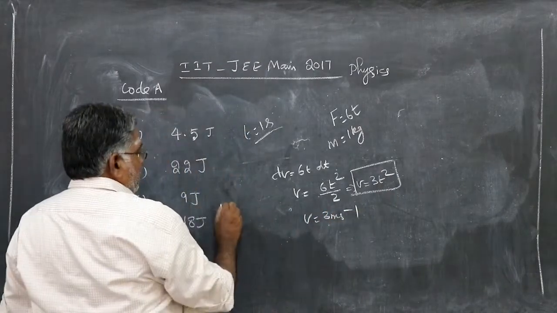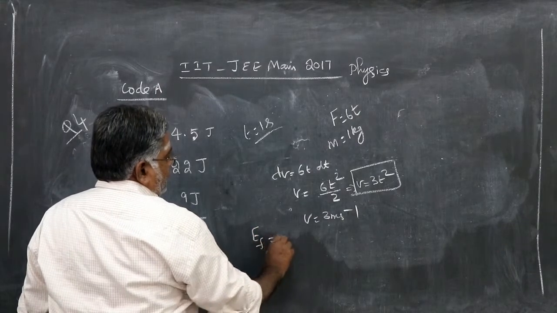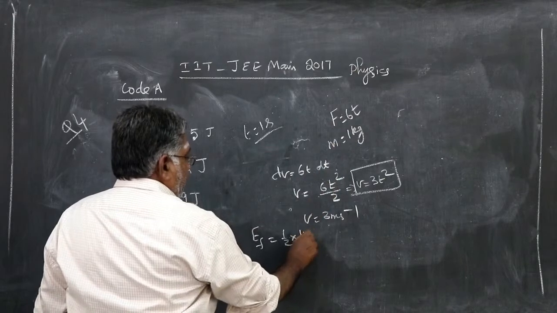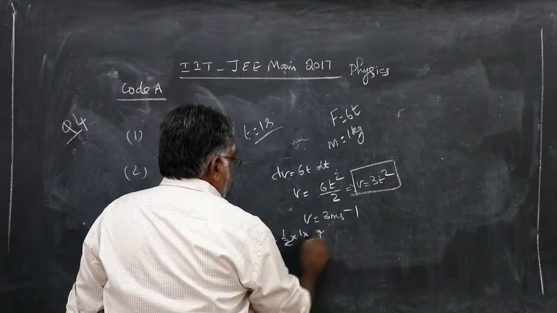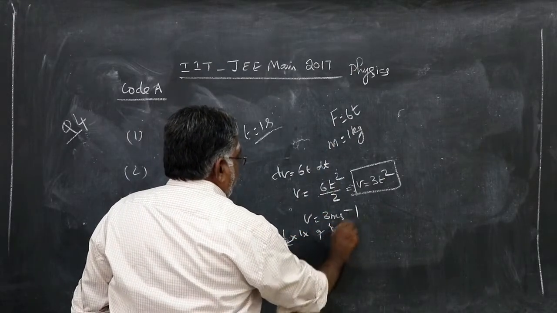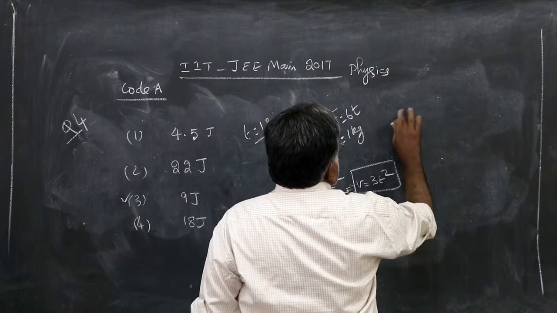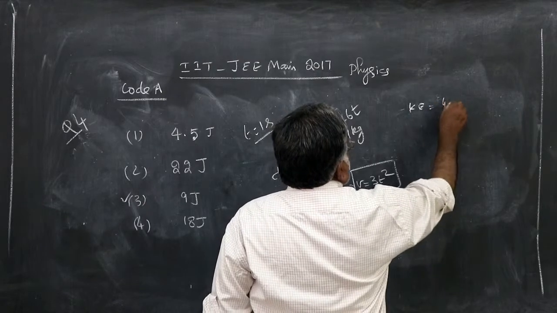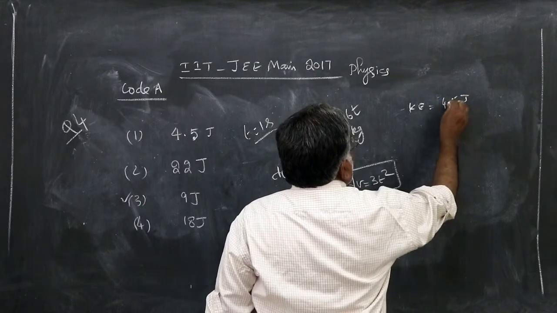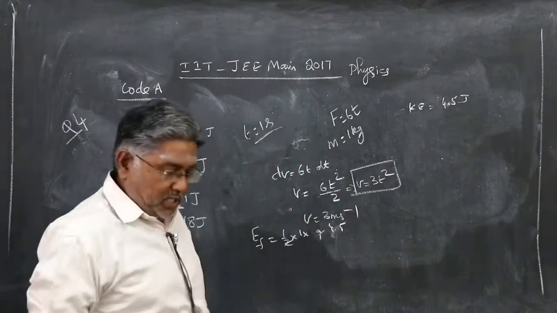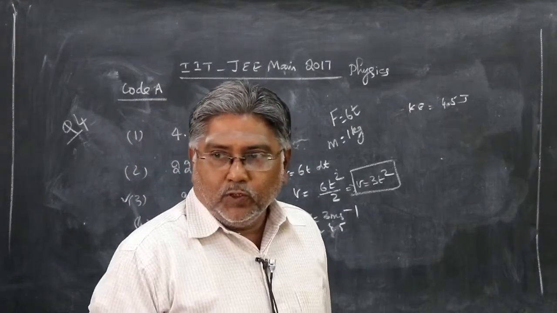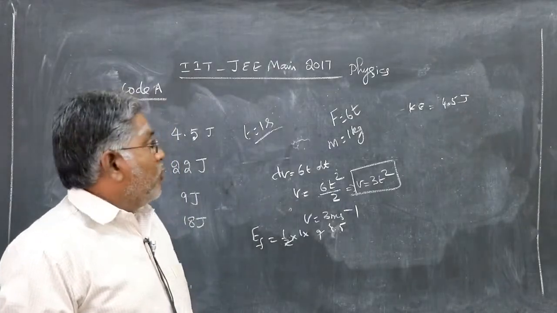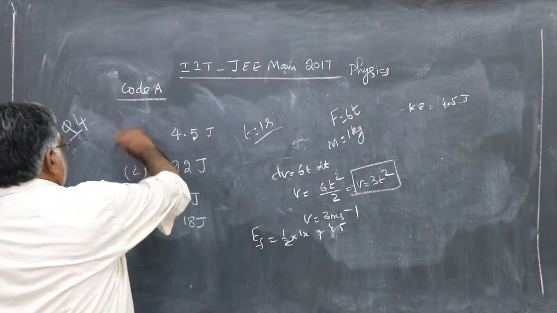Therefore kinetic energy or E final is half mv square. M is again 1 kg. V square is 9, divide by 2, you are getting 4.5. Therefore final energy is 4.5 joule. Initial kinetic energy 0 joule. Use work energy theorem and then the work done should be 4.5 joule. That is the answer.